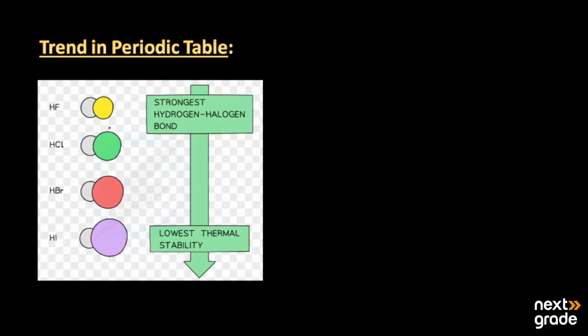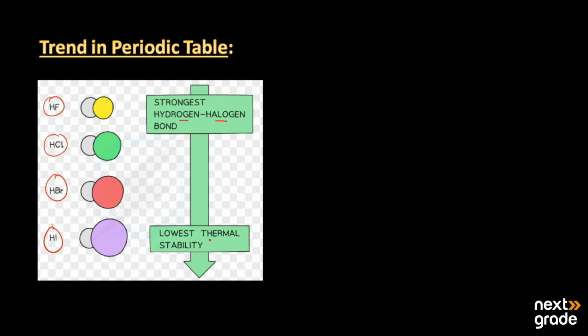Then we have the trend in the periodic table. As we move top to bottom, we have the hydrogen halides. When hydrogen combines with a halogen, we get HF, then HCl, HBr, and HI: hydrogen fluoride, chloride, bromide, and iodide.